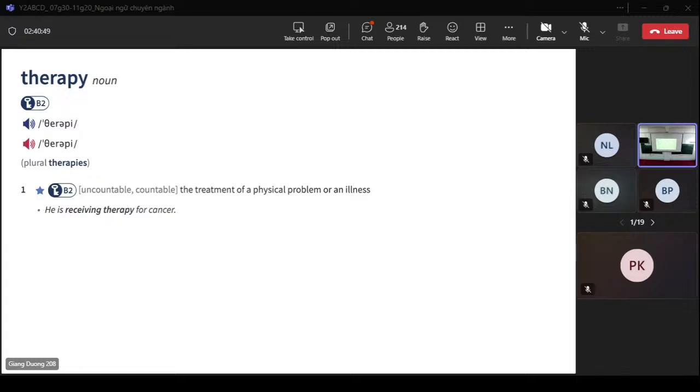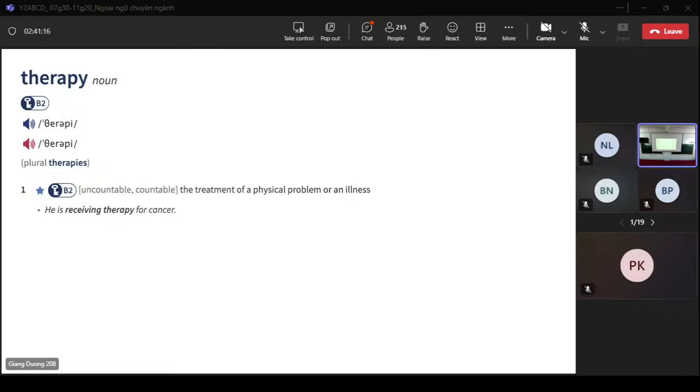Thường nha, cái chữ treatment là chữ chung. Còn khi mà mình nói là therapy có nghĩa là gọi là gì? Chữa lành. Chữa lành thì thường là nó về cái tâm lý nhiều hơn. Ví dụ praying thì nó là thường nó sẽ gọi là remedy. Còn những cái gì về thể chất thì người ta sẽ xài nhiều hơn về chữ therapy. Giống như vật lý trị liệu sẽ là physiotherapy.